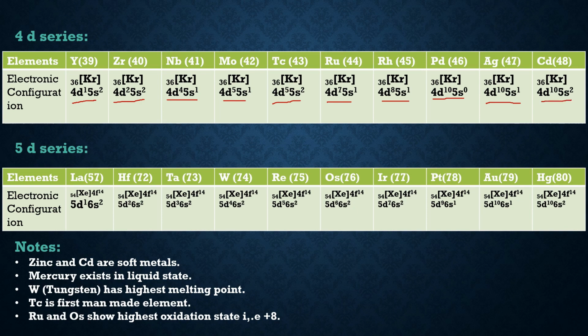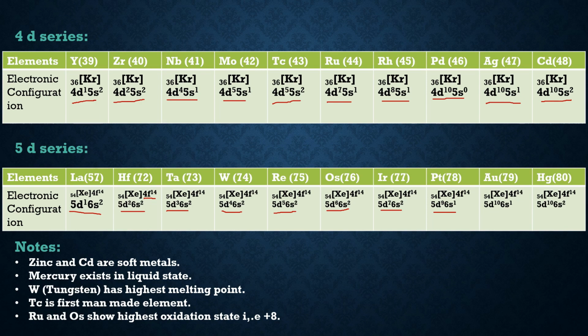Now coming to the 5d series, here you have to remember that you should not write d8. So the electronic configuration of lanthanum is configuration of xenon, after that 5d1 6s2, hafnium 5d2 6s2. Here note that 4f14 gets added first because the 14 elements of the first inner transition series, that is the 4f series, get added here. So 5d2 6s2. Now tantalum 5d3 6s2, tungsten 5d4 6s2, rhenium 5d5 6s2, osmium 5d6 6s2, iridium 5d7 6s2, platinum 5d9 6s1 because we should not write the d8 configuration. That is why next is d9.